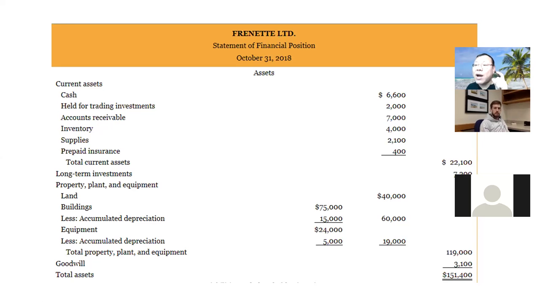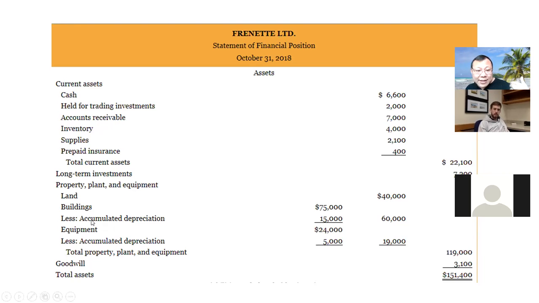Land only has one cost account, so you do not see an accumulated depreciation account for land. But for buildings and equipment, there are two accounts. One is called the cost account. In this example, the buildings cost is 75,000. That means the company paid $75,000 to acquire or construct the building.